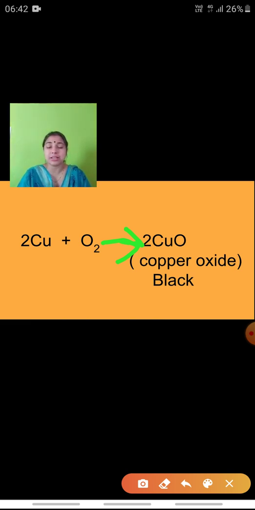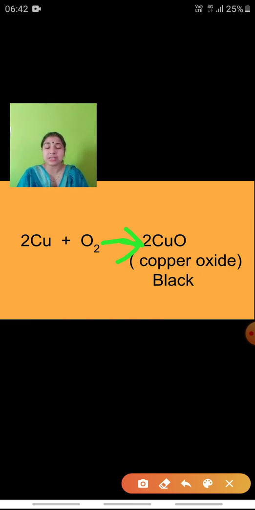Now, in this reaction, as you all can see, copper is reacting with oxygen and oxygen attaches to copper. So, such a reaction is called an oxidation. So, what is oxidation? It is the addition of oxygen to any metal. Here in this example you have seen that oxygen is added to copper.